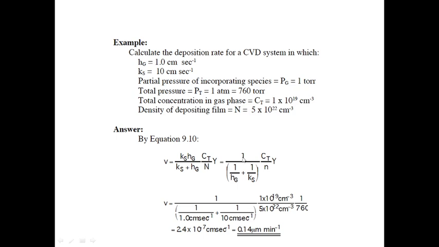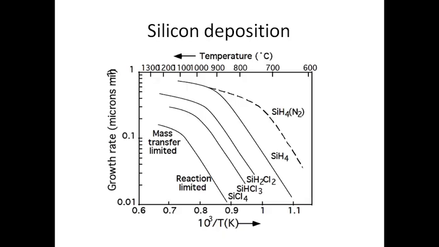You can see that with these specifications, it will give 0.14 micrometer per minute. So for every minute, 0.14 micrometer of a particular material is deposited on the given surface. This is how it happens.